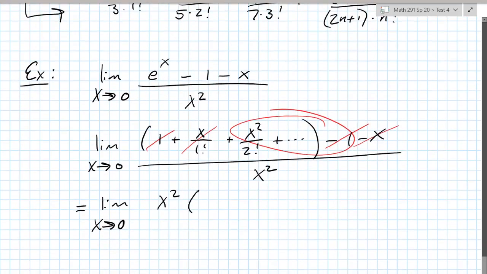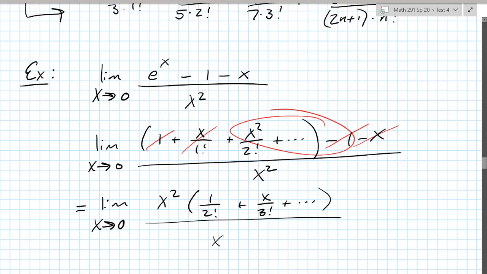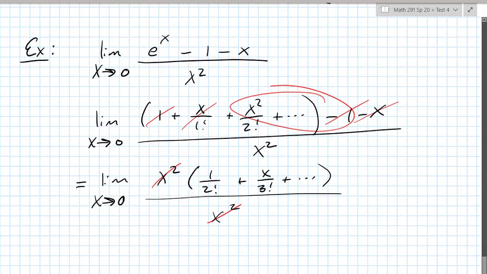And what do we have? We have 1 over 2 factorial plus an x over 3 factorial, and so on. And then we have x squared in the denominator. Simplify the numerator with the denominator.